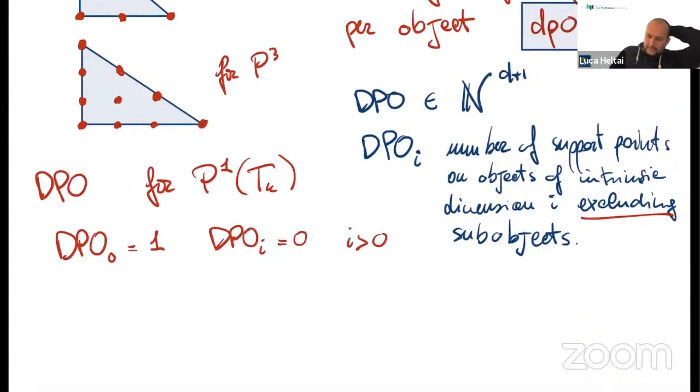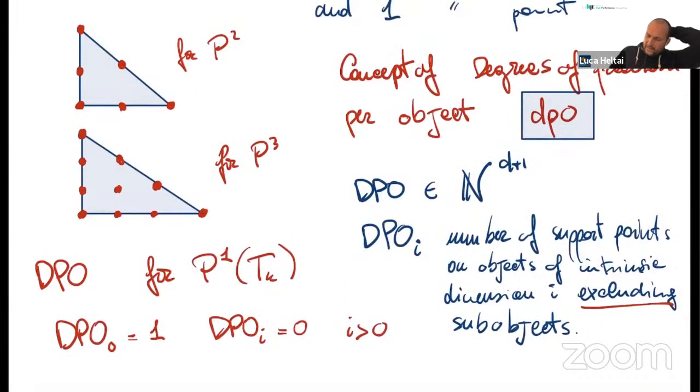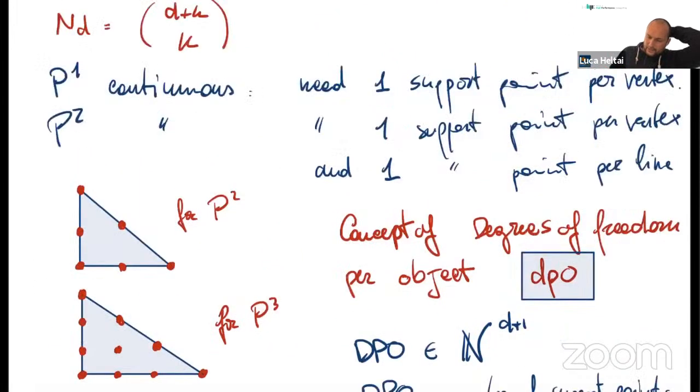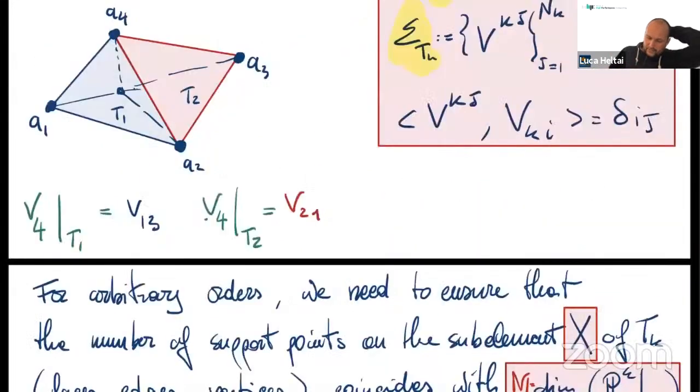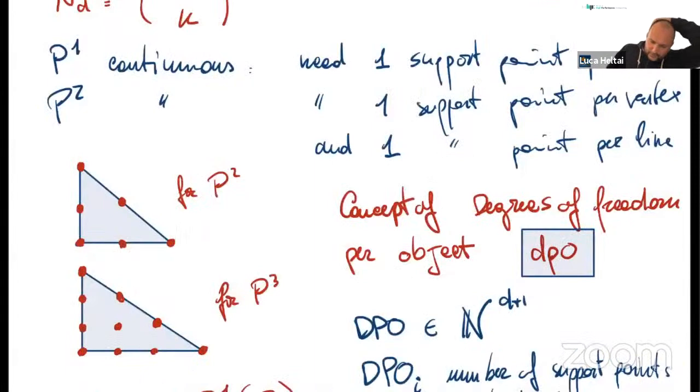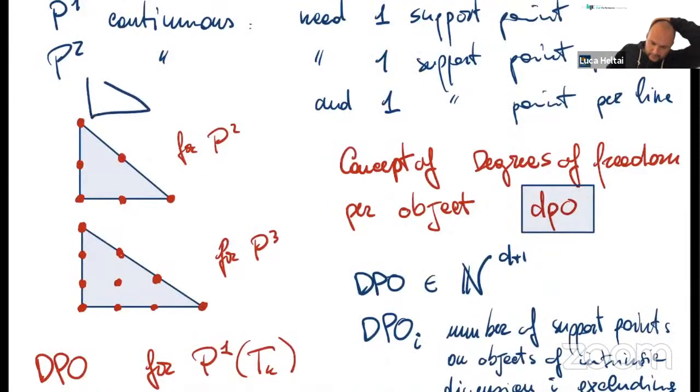So what it's telling you is that if you have P1, you only need to define degrees of freedom on the vertices. On the vertices of the triangulation, you associate 1 degree of freedom, and you don't associate any other degree of freedom on faces, on edges, and on triangles.